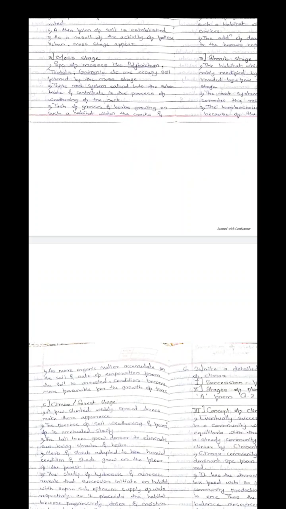After the shrub stage, the soil will be very rich with humus, and they will arrest the soil, and ultimately more favorable conditions develop for the forest stage. So the next community is the forest stage, where large trees develop, and this is also the climax stage of this succession.